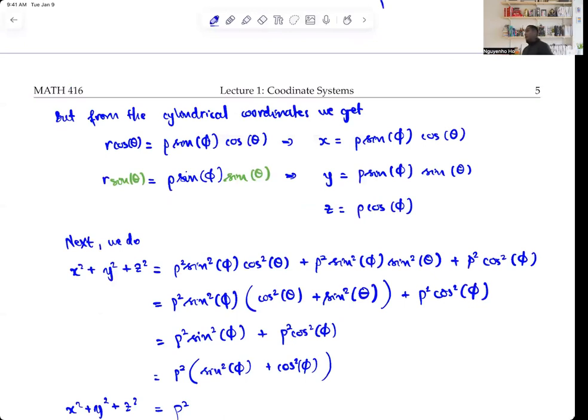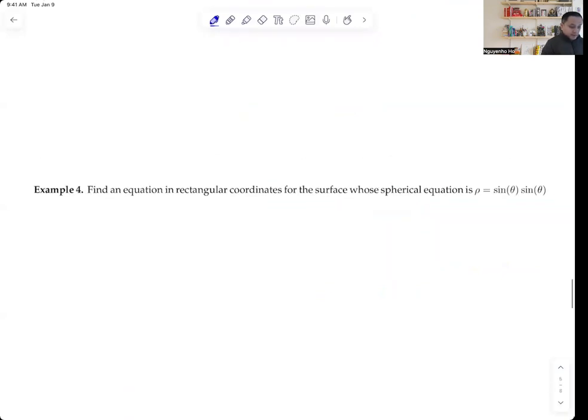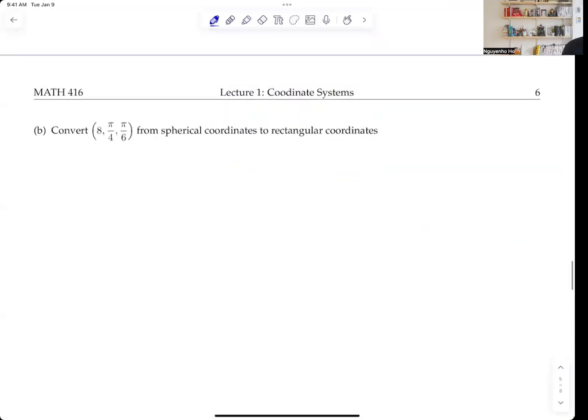One thing I want to point out, I mentioned this last time: in spherical coordinates, between mathematics and physics, there's a little bit of difference. In math the point is rho, theta, and phi, while in physics, they use rho, phi, and theta. The naming is a little different, but we're going to stick with math conventions.